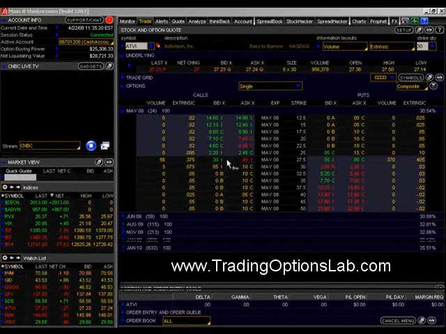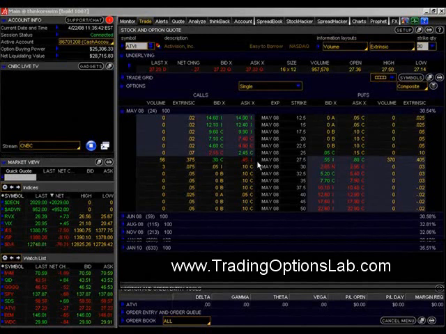Let's take, for example, a stock such as Activision, which we have on our screen right now. The symbol is ATVI. It's currently trading at $27.23, down 27 cents today. Now, for the most part, you have people in the market who believe that ATVI, Activision stock, is going to go up.